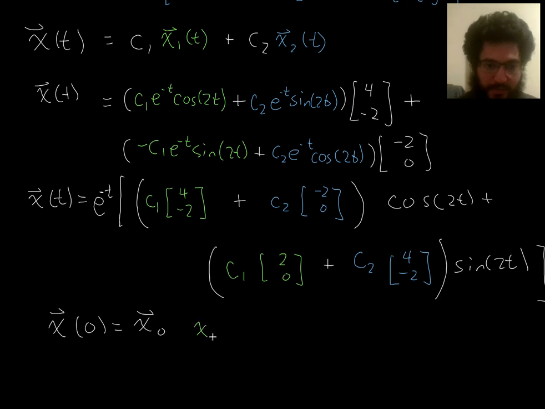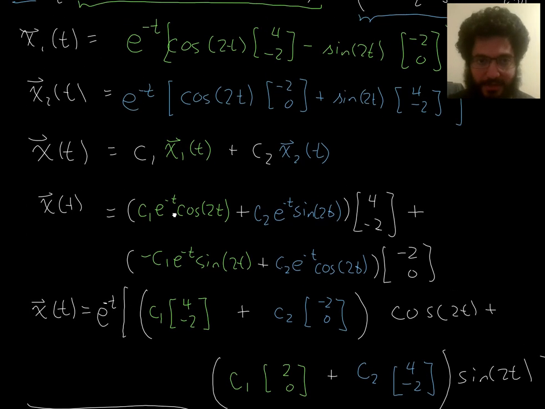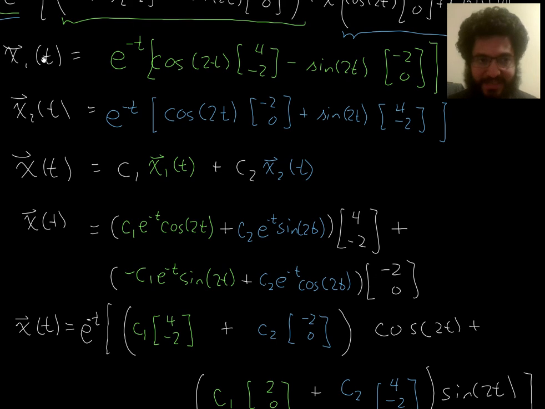So x1 of 0 is going to be... there's too much stuff on the screen. Okay, here's x1 up here. If I plug in 0, I get 1 for this exponential, so it's just not doing anything. And then this is 1, and this thing is just 0, because the sine of 0 is 0.